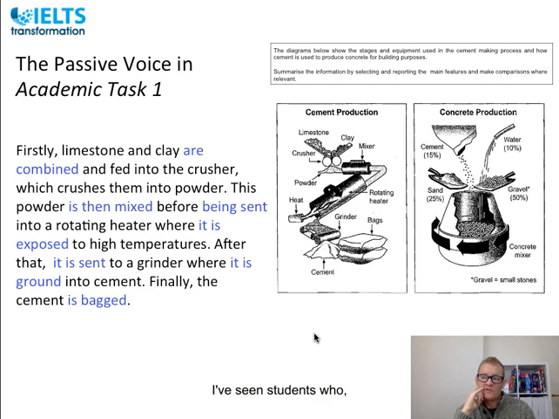I've seen students who have, there was one particular kind of recipe where the task shows how jam is made, a jam that you put on your toast.